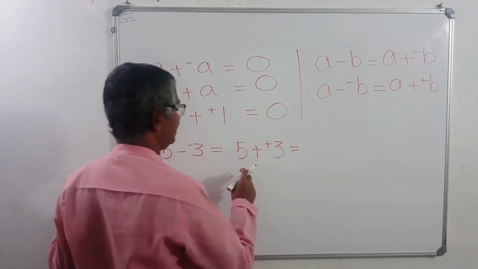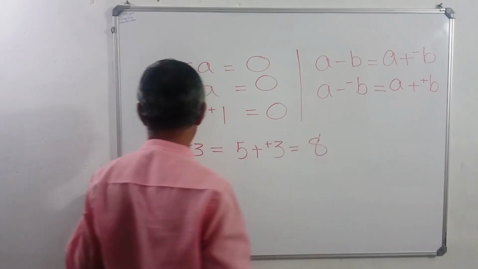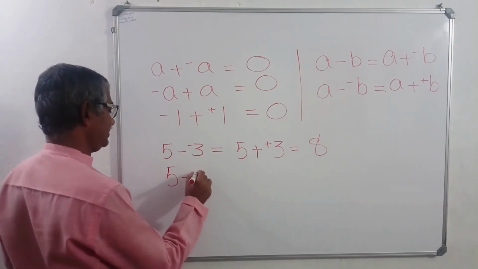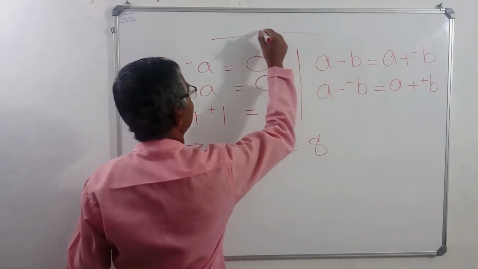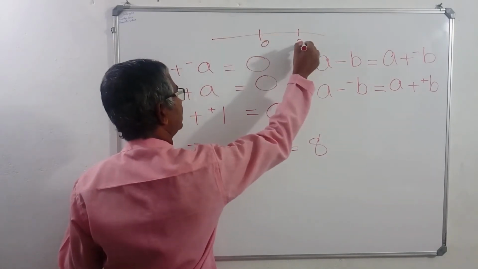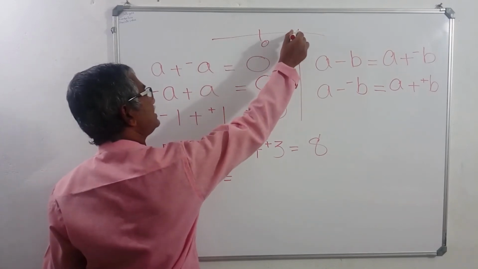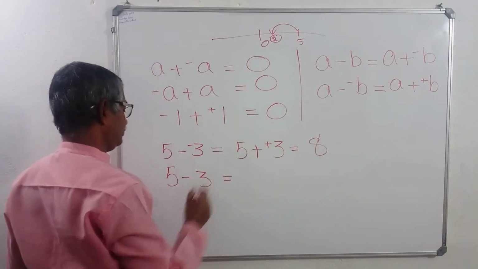That means 3 more than 5, which is equal to 8. Again, 5 minus 3 means, consider the number line. Here is 0, here is 5. Then 3 less than 5, it is going back, you are getting 2.